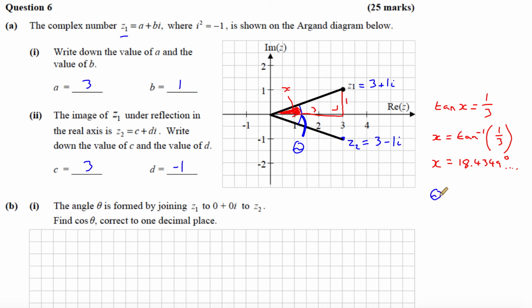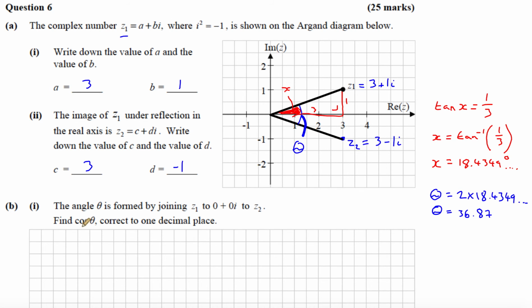Well, theta would be equal to double this, so that'll be 2 times 18.4349 and so on, which is equal to 36.87 to 2 decimal places. So that's the angle theta.